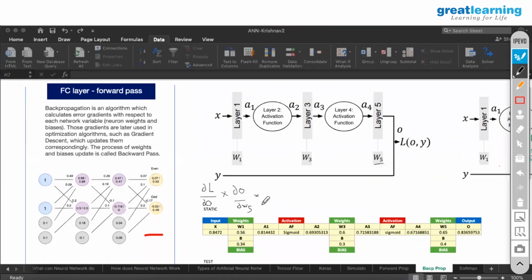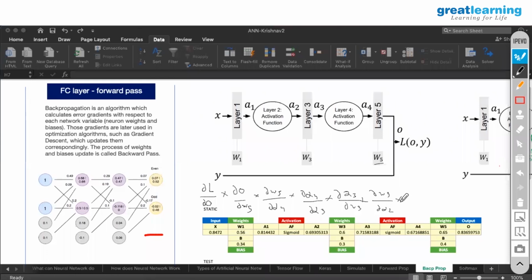Multiplied by, let's write the chain rule, how much my weight 5 should change with respect to my alpha 4. How much my alpha 4 will change with respect to my alpha 3. How much my alpha 3 should change with respect to my weight number 3. How much my weight number 3 should change with respect to my alpha 2.